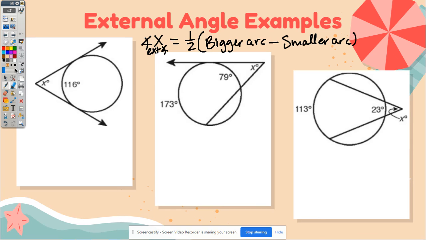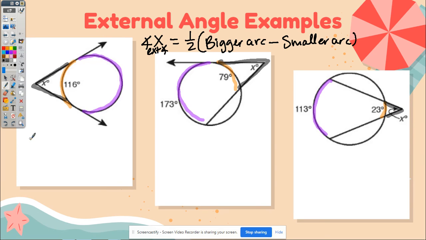Okay, so here is your first one. So this is your bigger arc, this is your bigger arc, and this is your bigger arc. Then this is your smaller arc. Notice that I'm looking within the two lines. It doesn't matter if they're secant, it doesn't matter if they're tangent. And then right here, this is your angle that you're worried about, your external angle.